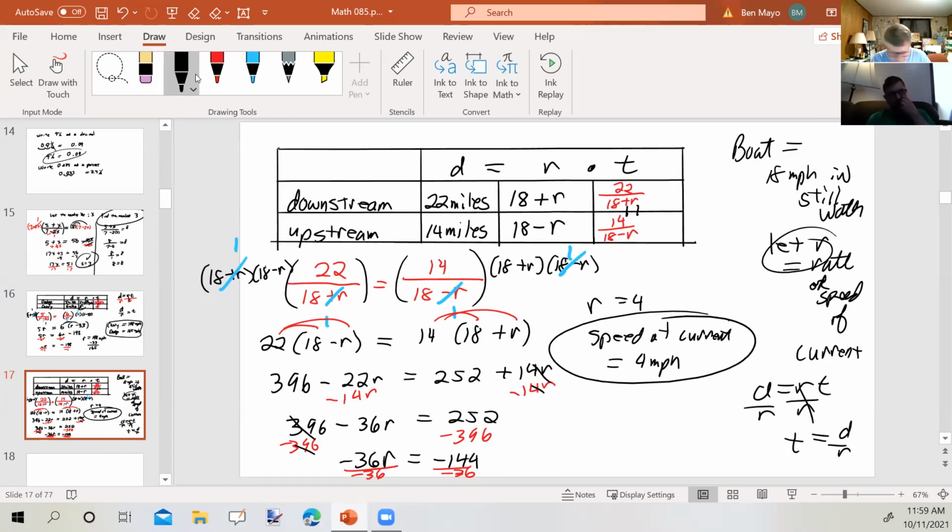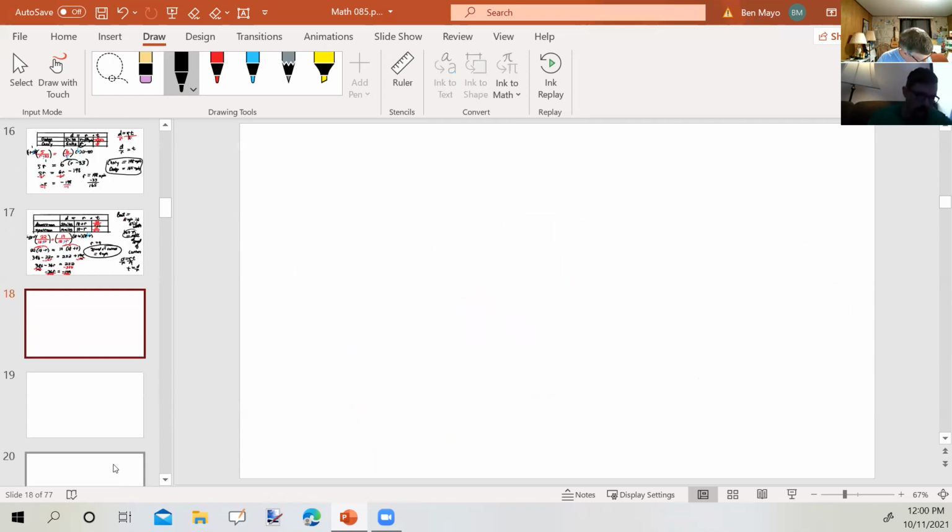Let's see here. New scenario, new example. This one says, comparing investments. An amount of money invested for 1 year in a savings account will earn $1,500.